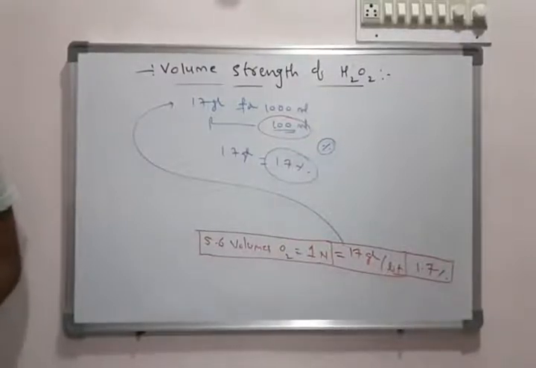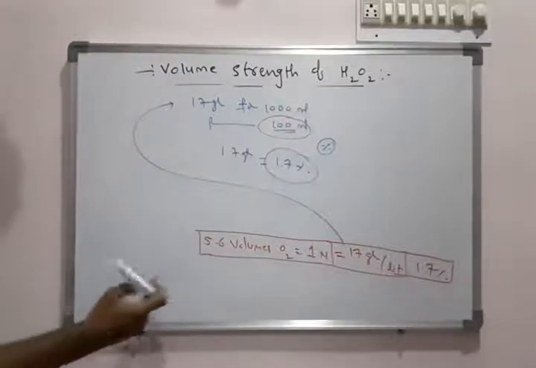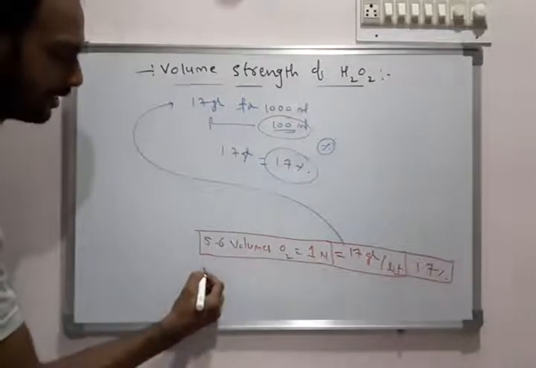Here 5.6 volumes of oxygen indicates 5.6 volumes of hydrogen peroxide, so it can be written as 5.6 volume of oxygen liberated.